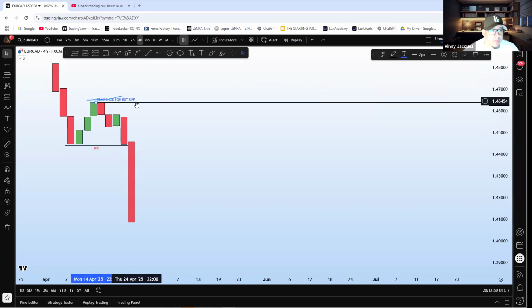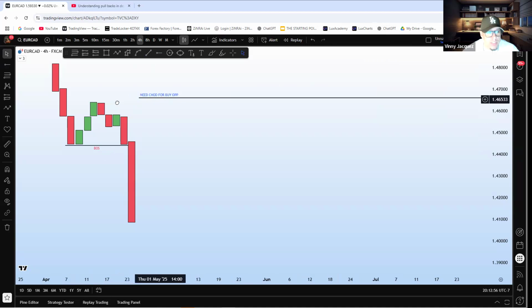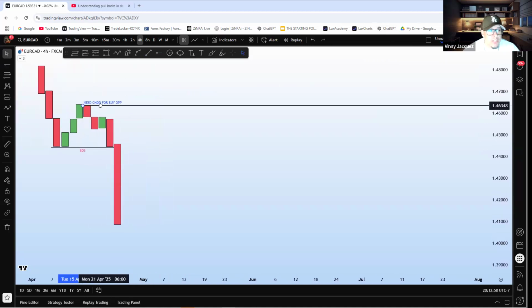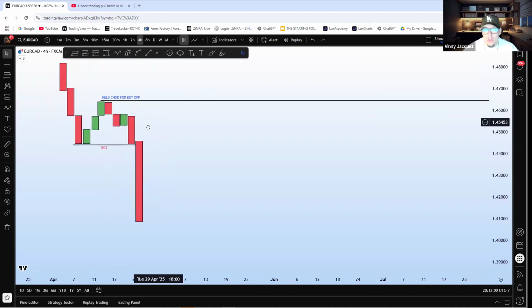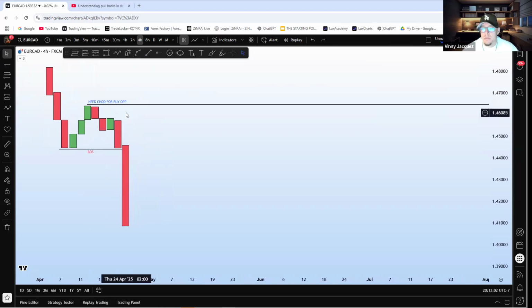Need change of direction for buy opportunity. Awesome. You should always have this, guys. If you can delete this line right here, that would be great. Appreciate you. You guys should always have this, because if you have it there, there should be like an annotation button. If you're on your phone, if you're watching on your phone, it might be a little bit tougher. But if you're on a tablet or a computer, it should have an annotation button somewhere.